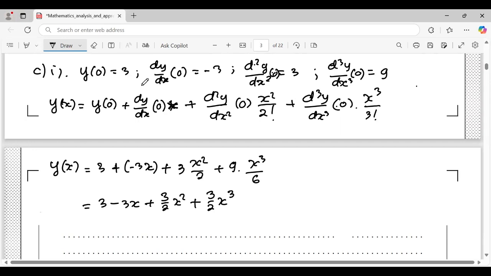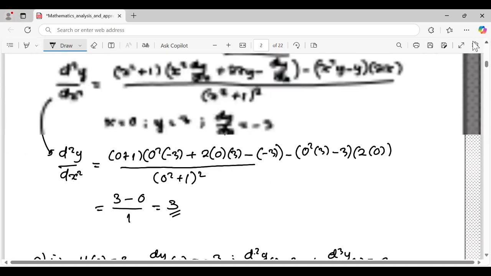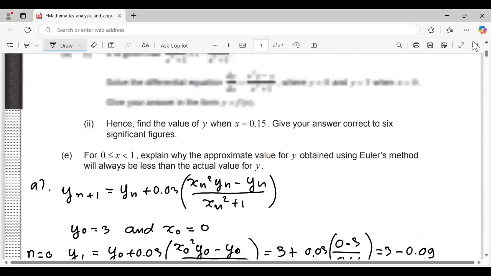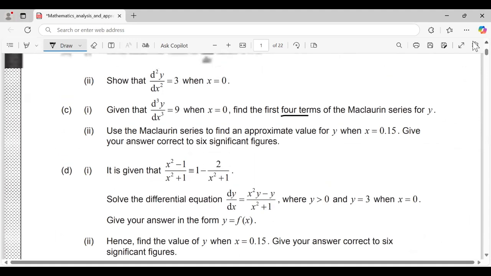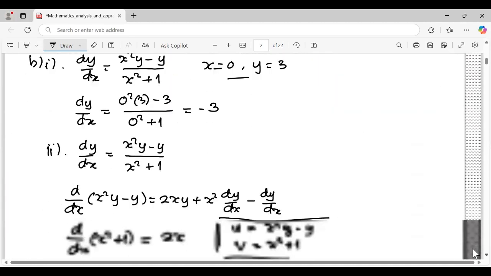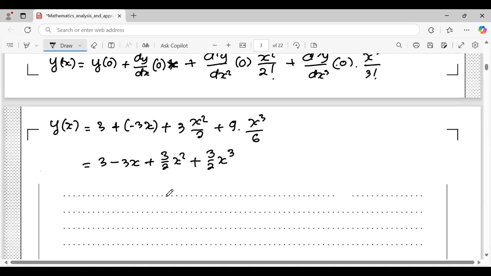Okay, let's compare with the equations. So this one, the 4 terms. Okay, the 4 terms, it means already 1, 2, 3, 4.